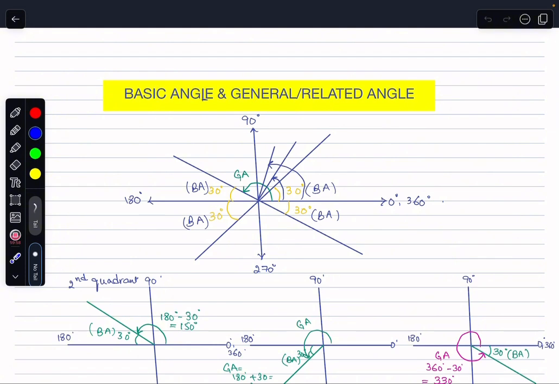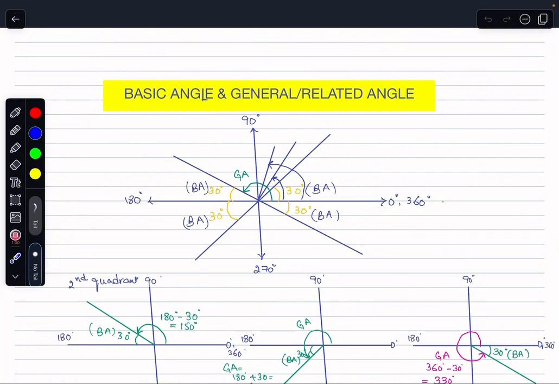If we are talking about the trigonometric ratios, then trigonometry being related to rotation, the angle has been rotated so that it now lies anywhere in the second quadrant, meaning the angle value for the second quadrant can be between 90 and 180 degrees.